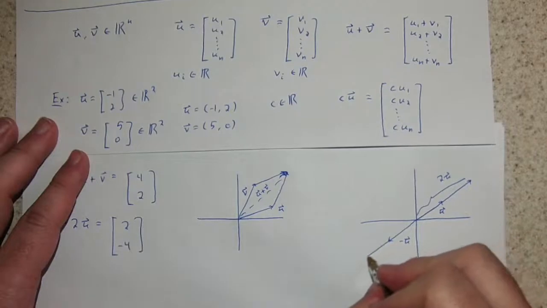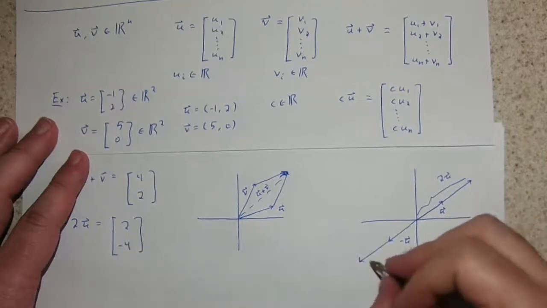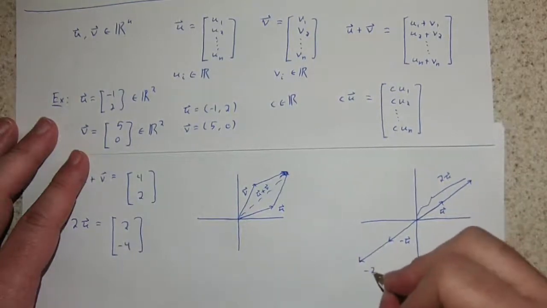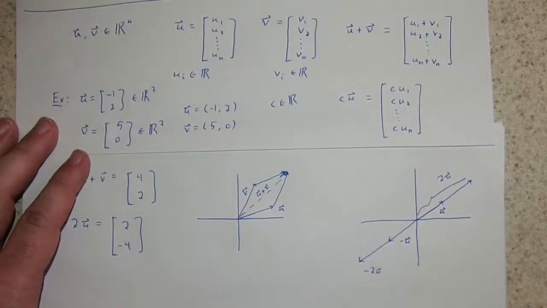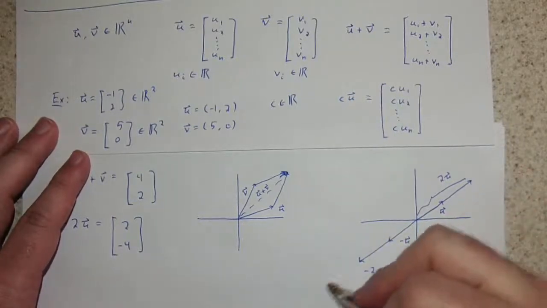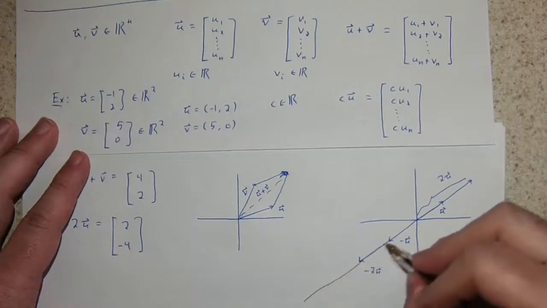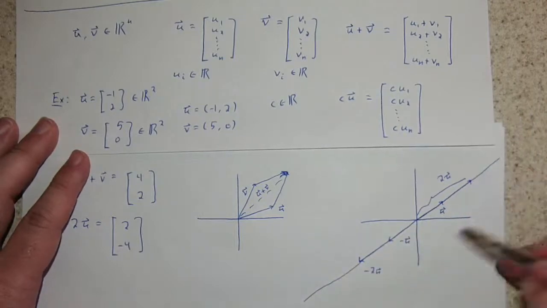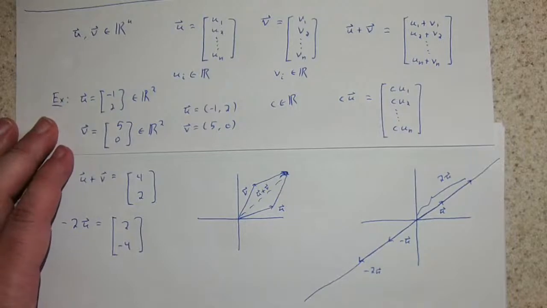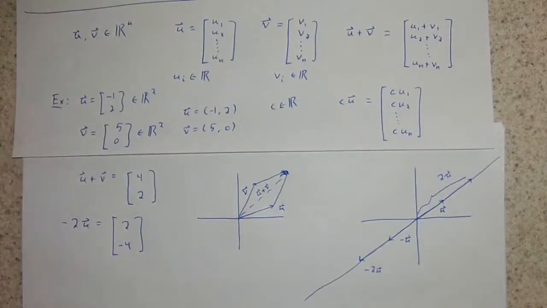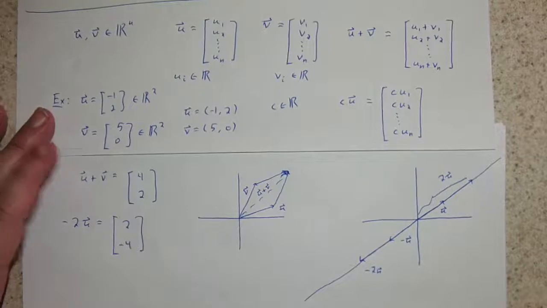Minus 2u would be twice that, except pointing in the opposite direction, and so on. In fact, if I consider all scalar multiples of the vector u, I get an entire line in the plane that is determined by that. This is the simplest example of what's called the span of a vector. Now, a couple of things here in our vector algebra.